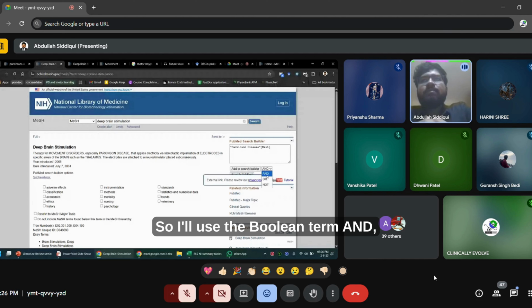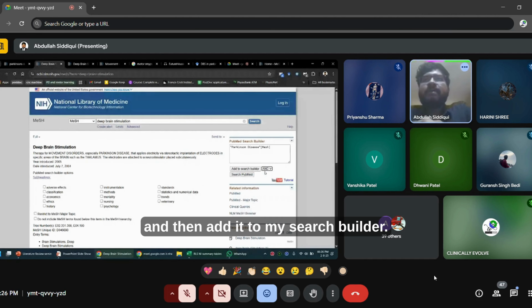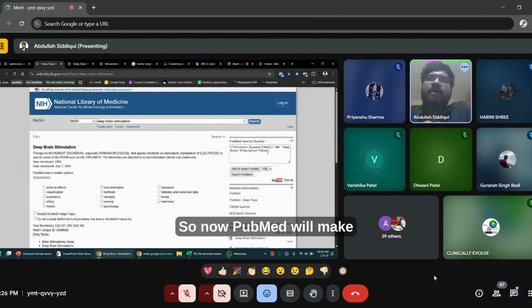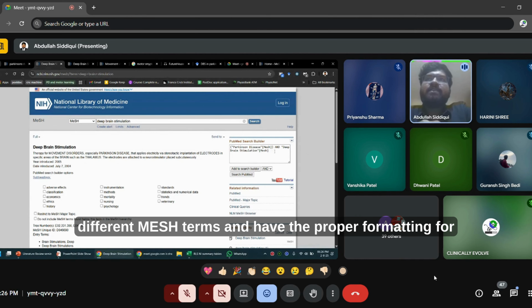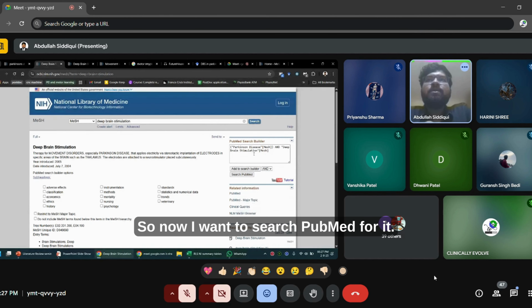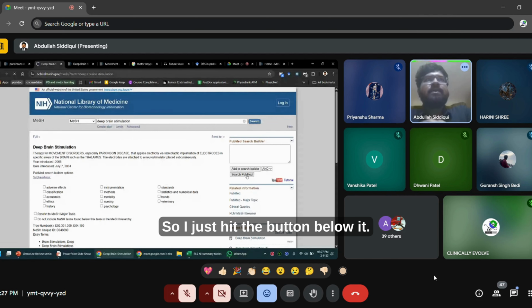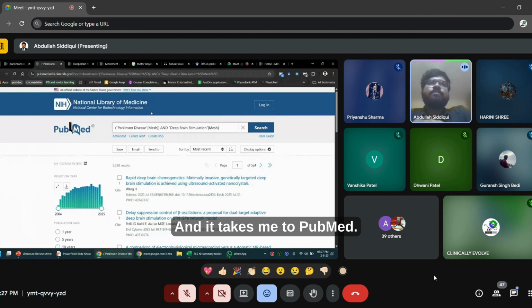So I'll use the Boolean term and then add it to my search filter. Now PubMed will make the search include two different MeSH terms and have the proper formatting for it. So now I want to search PubMed for it. I just hit the button below it and it takes me to PubMed.